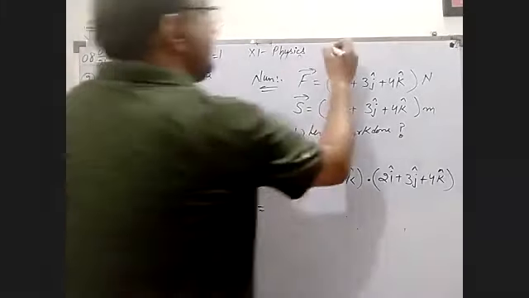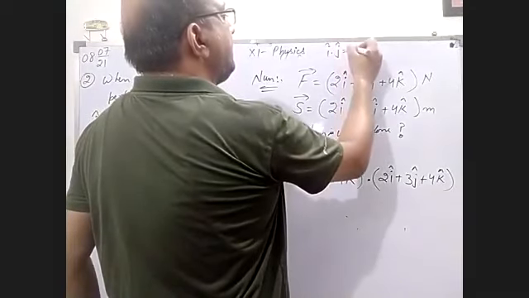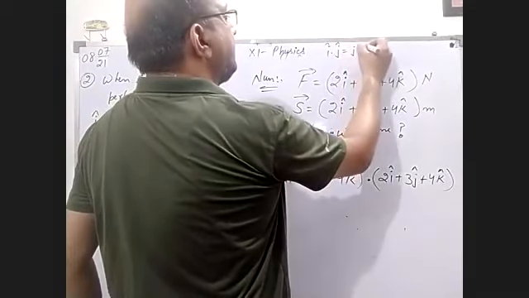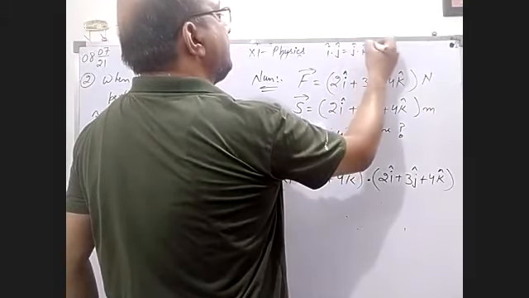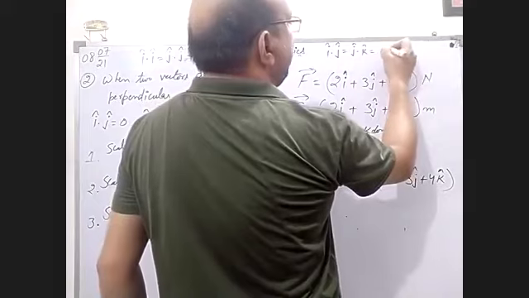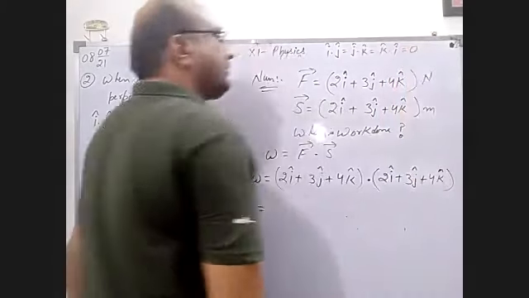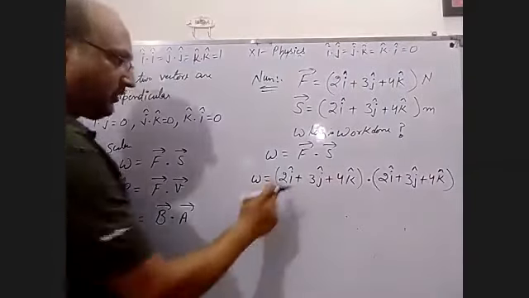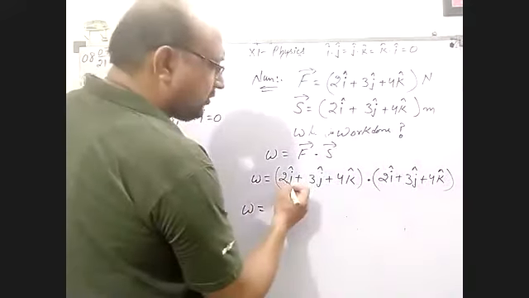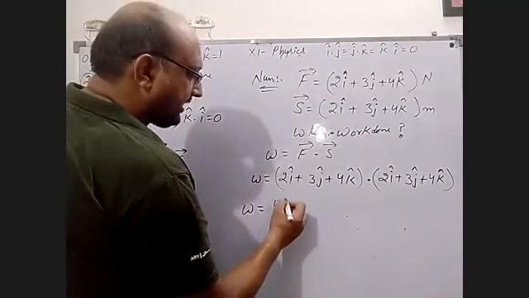But you also know that i dot j, j dot k, k dot i, their dot product is 0. Now, if we are multiplying 2i with 2i, we get 4 i dot i.